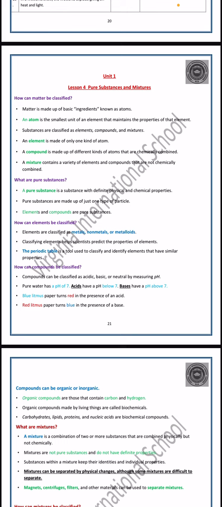So when we have one carbon and two oxygen, these are different atoms from each other, and they are chemically bound to each other. The carbon binds chemically to the oxygen and to another oxygen, so the one carbon is bound to two oxygen atoms. This is carbon dioxide. This is an example of a compound.